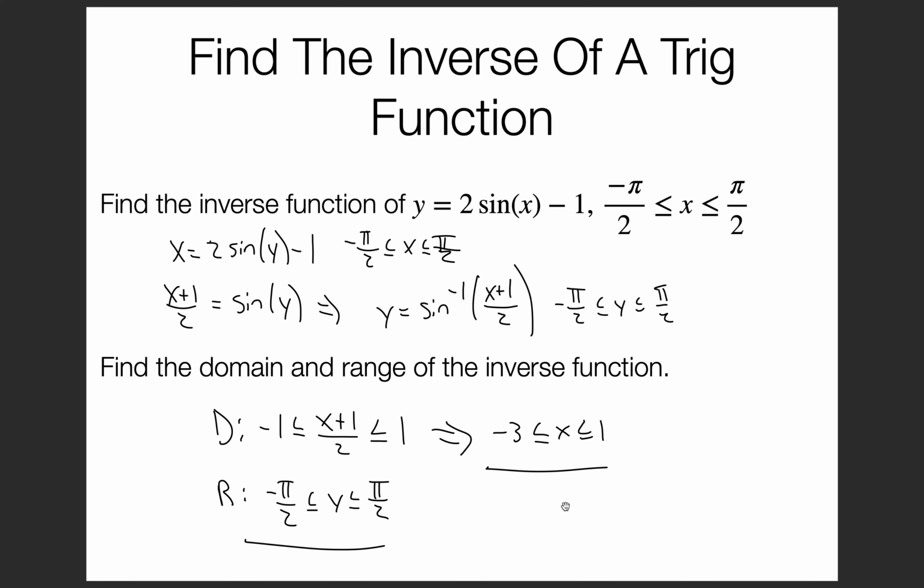So I have that x plus 1 over 2 is between negative 1 and 1. When I multiply both endpoints by 2 and then subtract 1 from both endpoints, I get that x is between negative 3 and 1. Hopefully that little algebra made some sense. And so I get my domain and my range for my inverse function.